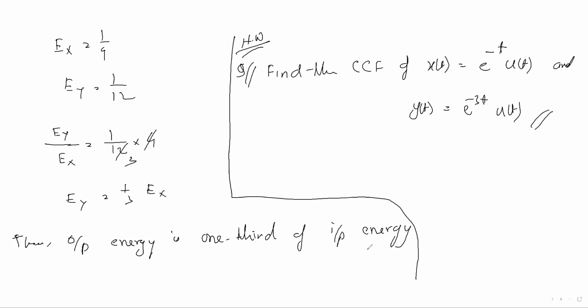So let me solve an interesting problem based on the discrete time signal. Okay, this is a very important problem. You just give attention. Find the autocorrelation function of x of n equal to 1, 2, 1, 2.